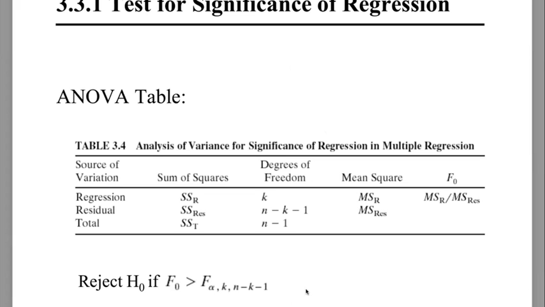And so the rejection criterion would be to reject the null hypothesis and conclude that the alternative hypothesis is true if the calculated value of the F statistic is greater than the upper alpha percentage point of the F distribution with k numerator degrees of freedom and n minus k minus 1 denominator degrees of freedom.